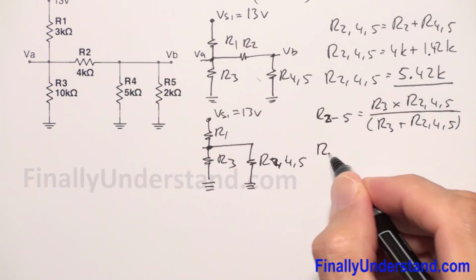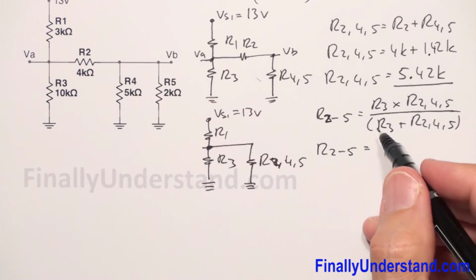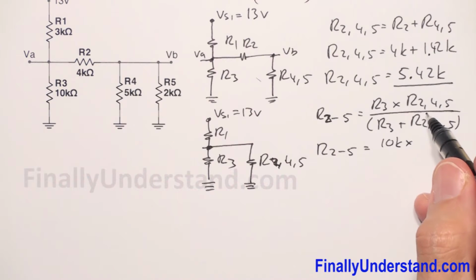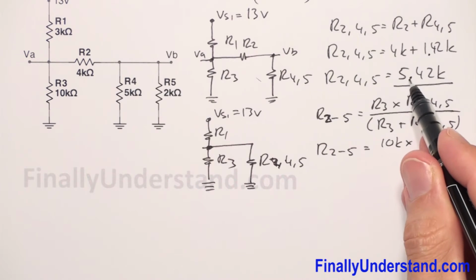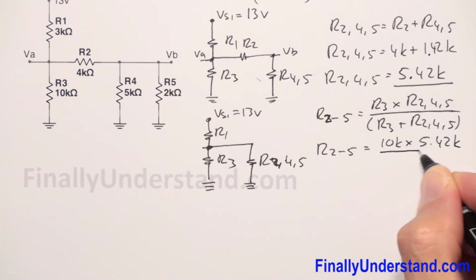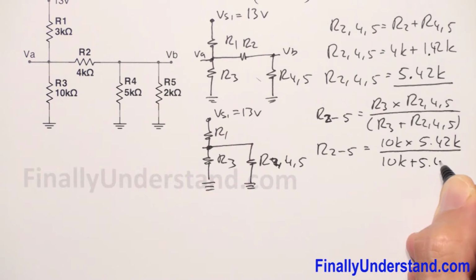So R2345 is equal to R3, which is 10K, times R245, which is 5.42K, over 10K plus 5.42K.